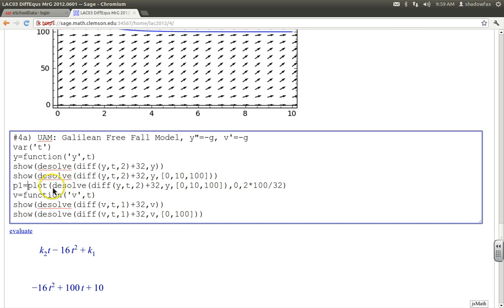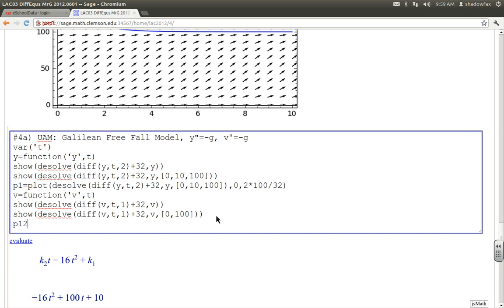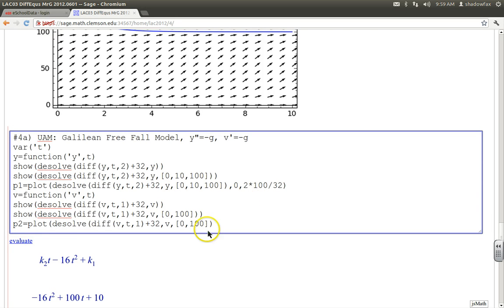Okay, let's plot. I'm going to do the DE solve. Let's call P2 equals the plot of that. Now see, DE solve diff, and then this.